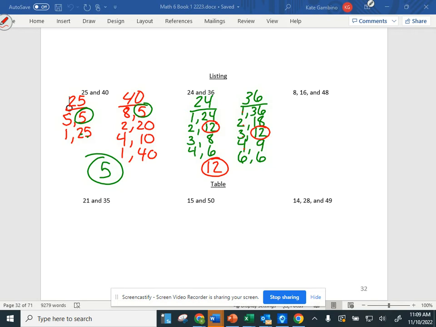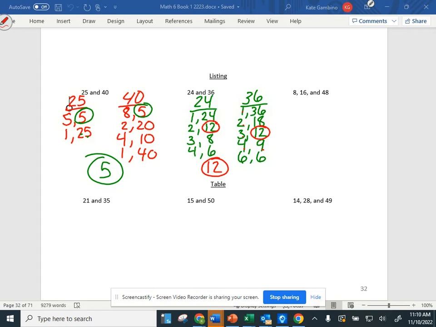Is 8 a factor? Is 9 a factor? Is 10 a factor? I start with 1 for a reason. That way I go very organized so I don't miss any of my factors. I saw some people putting 6 down there and saying 6 was their biggest factor because they missed one of their factor buddies that had a 12 in it.